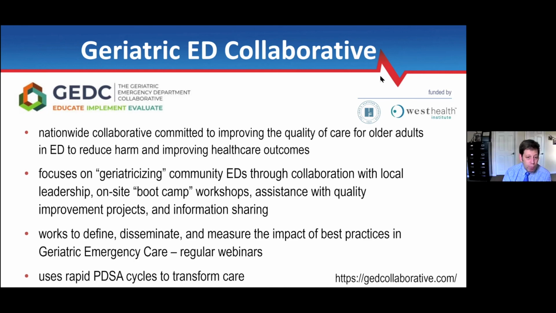They have regular webinars, and the emergency departments that are members of this collaborative, and many are joining now, use rapid PDSA cycles to transform care. If you're curious about this collaborative and all the resources that they offer, you can look at their website, gedcollaborative.com.